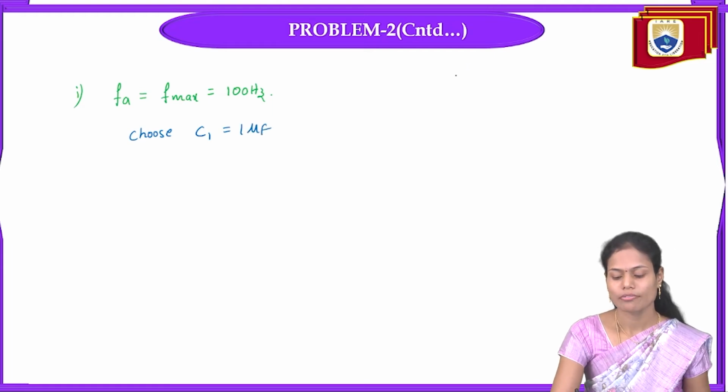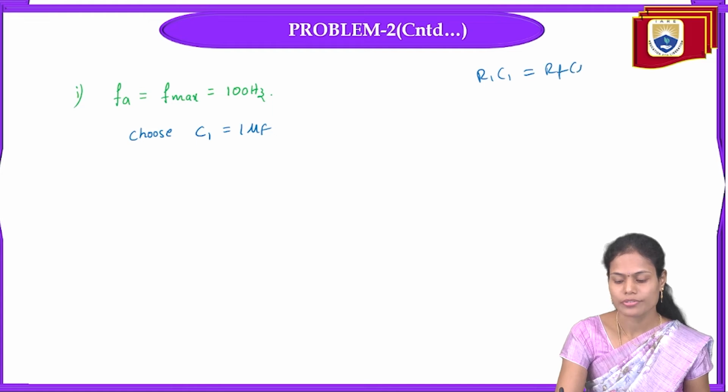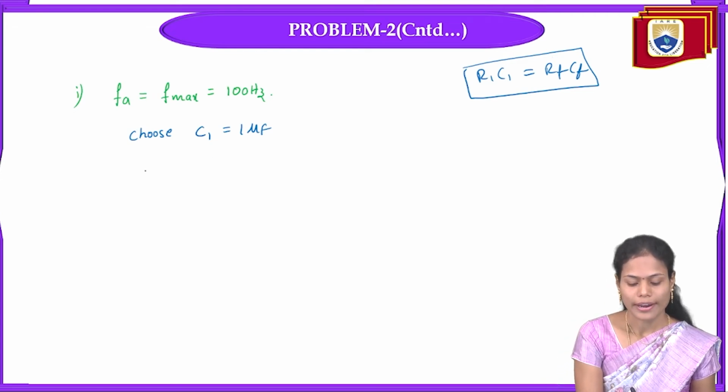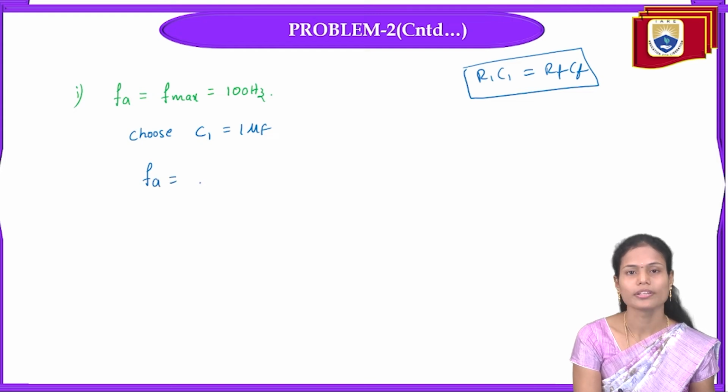In the differentiator we have the relation R1 C1 equal to RF CF. To get this relation we have to calculate R1, C1, the feedback resistance and the feedback capacitance. The cutoff frequency Fa is 1 by 2 pi RF C1.